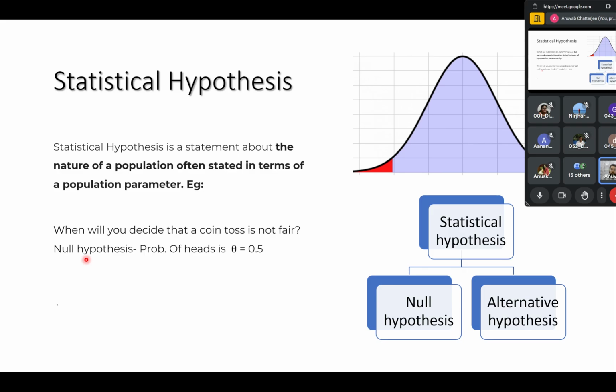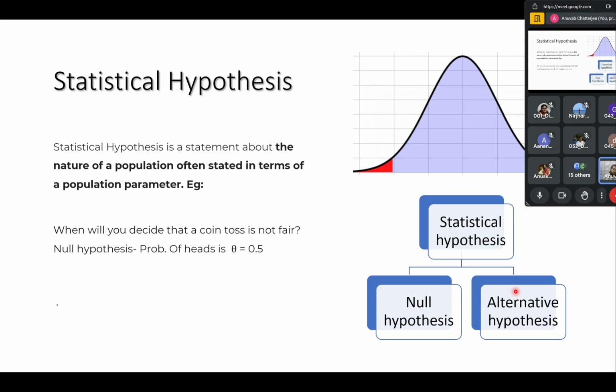If we start trying to prove the alternate hypothesis, we will be able to prove it very easily, but rejecting is where the trick comes. Rejecting the null hypothesis is how you prove the alternate hypothesis.